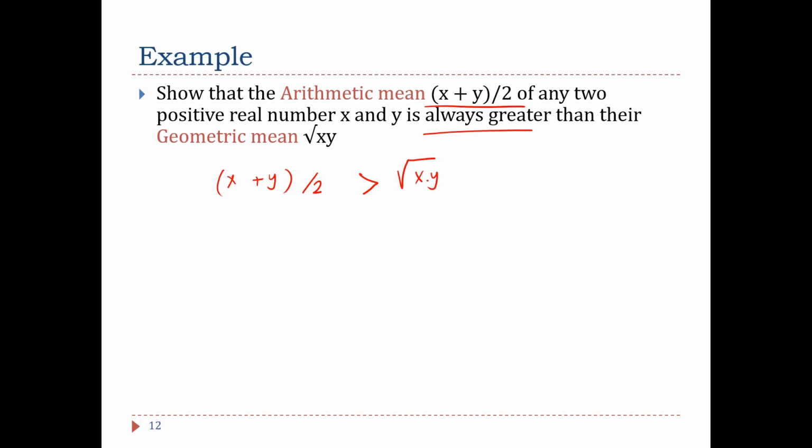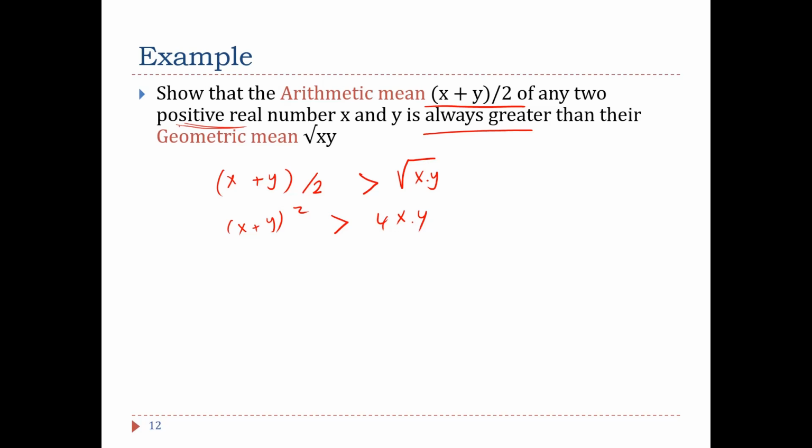Let's start from this and check what it costs to have this property true. If you do it backward a little bit, let's square both sides, because x and y are positive numbers. So we can safely say that (x plus y) squared is greater than 4 times x times y.